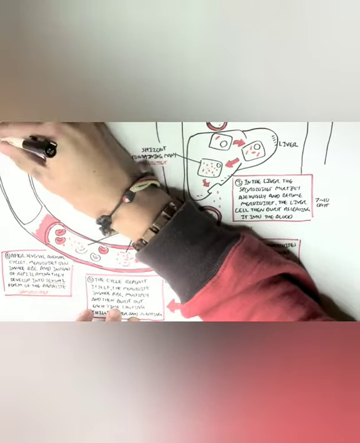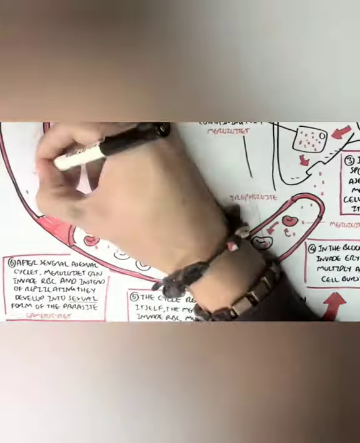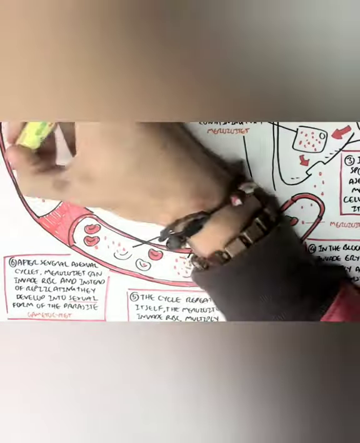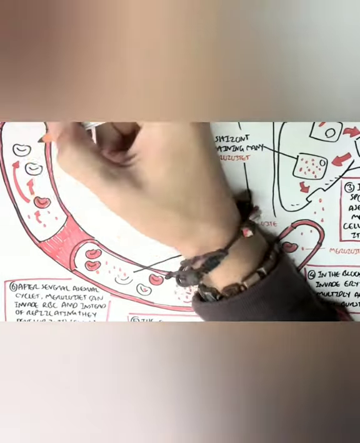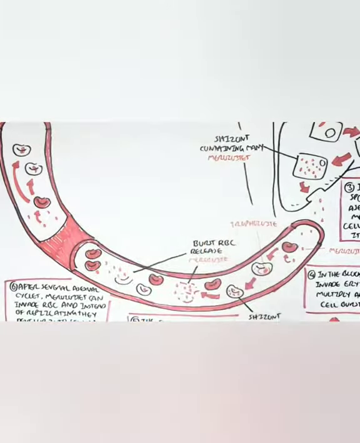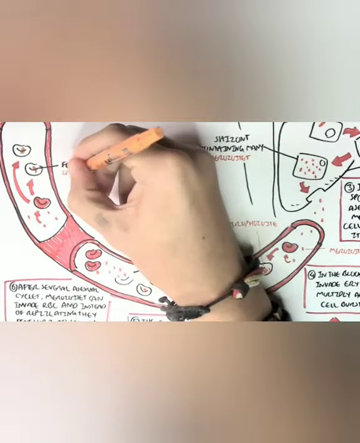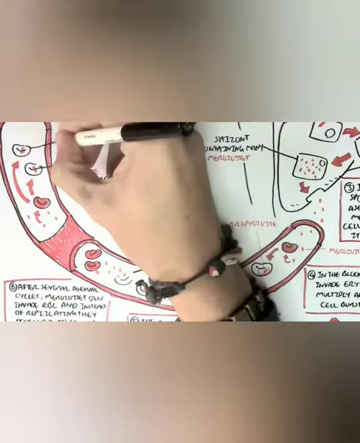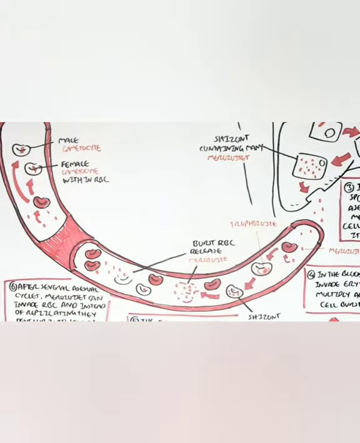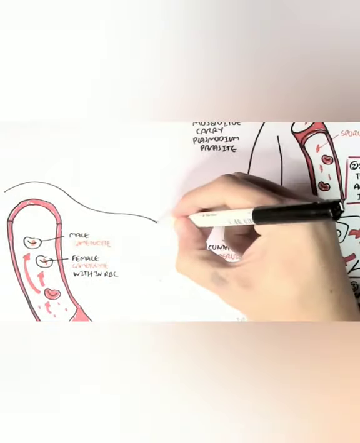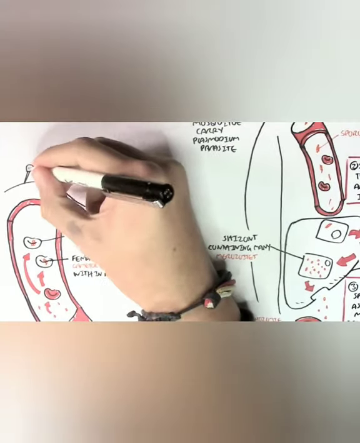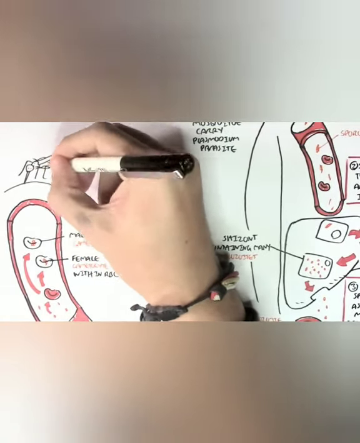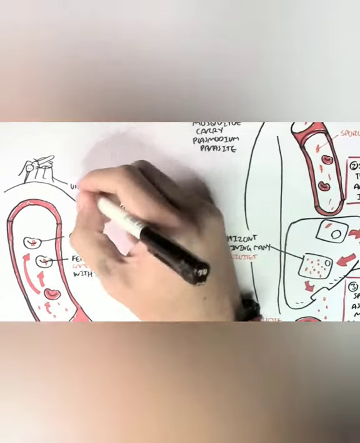So here we have a merozoite invading a red blood cell and forming gametocytes, a female and a male gametocyte, both still in the red blood cell. So what do these gametocytes do? Well, they can't really do much in the human body. They require an Anopheles mosquito in order to become a sporozoite, an infective form of the Plasmodium species again.